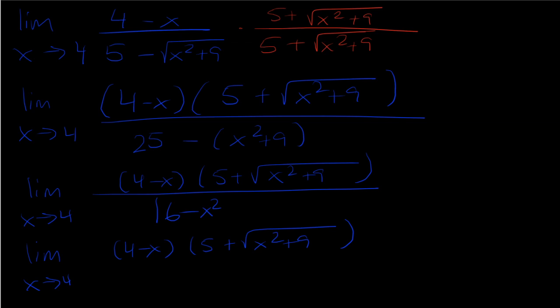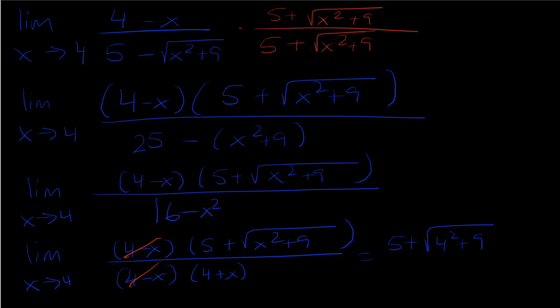That's 4 minus x times 4 plus x. The 4 minus x is going to cancel. Now if I plug in x equals 4, I get 5 plus the square root of 4 squared plus 9 over 4 plus 4. Let's see, 4 squared is 16 plus 9 is 25. The square root of 25 is 5. 5 plus 5 is 10 over 4 plus 4. So my answer is 5 over 4.